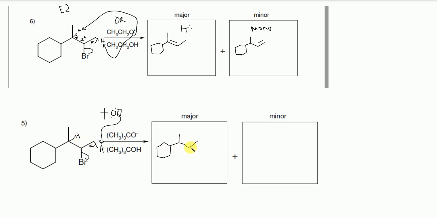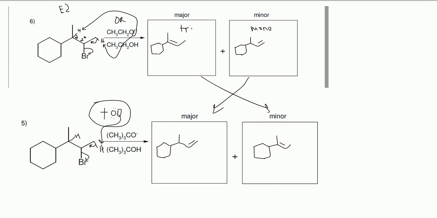So that's the difference between bulky and non-bulky bases. Bulky bases will form the least substituted double bond, and non-bulky bases will form the most substituted double bond. So it's opposite, right? Does everybody see that? So now the mono is here as the major, and this is over here as the minor. And that's just because it's bulky, right? So that's E2 and E1, okay?